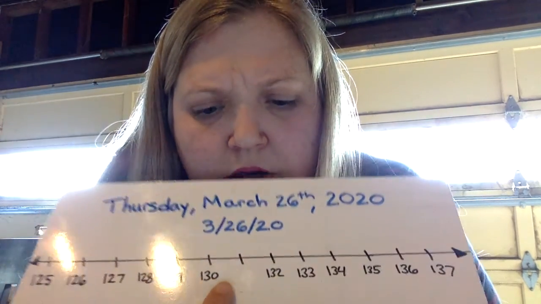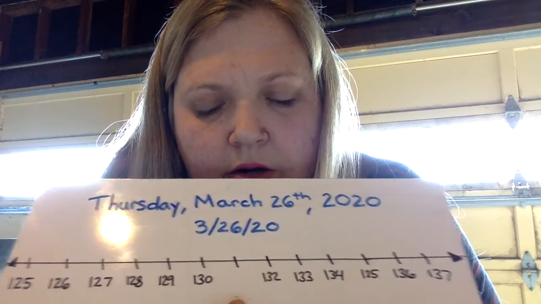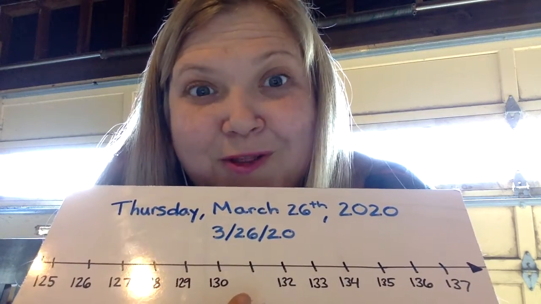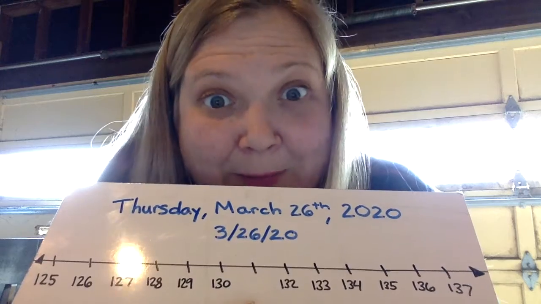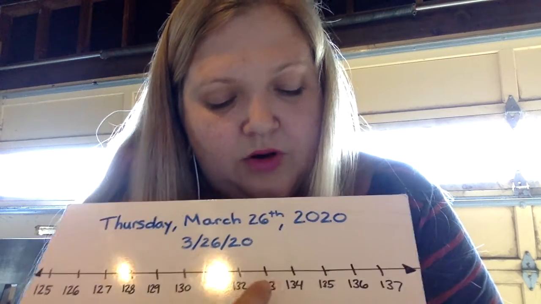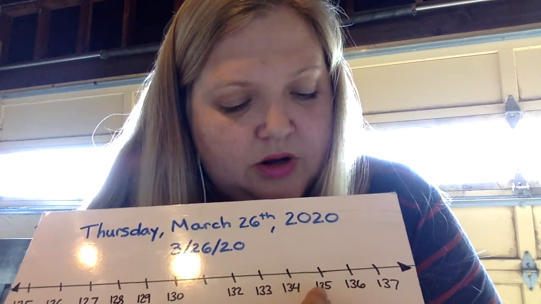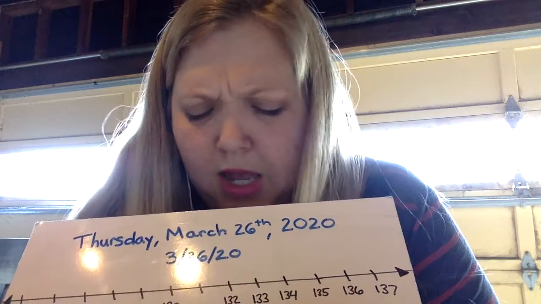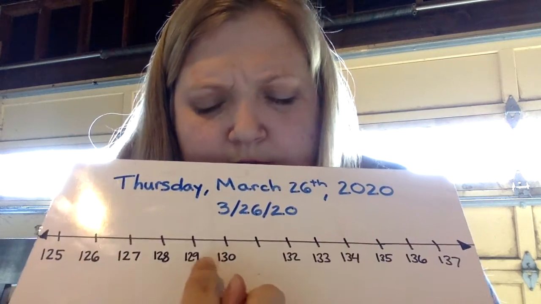Wait, this one's missing. What's supposed to go here? 130, that's right, 131, 132, 133, 134, 135, 136, 137. How do you write the number 131? It's missing. I need to write it.